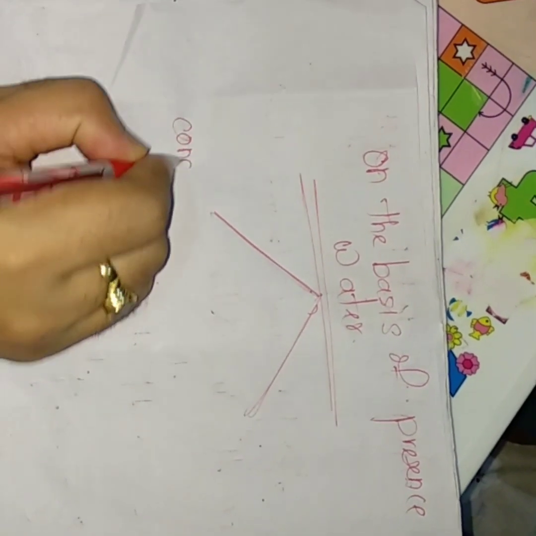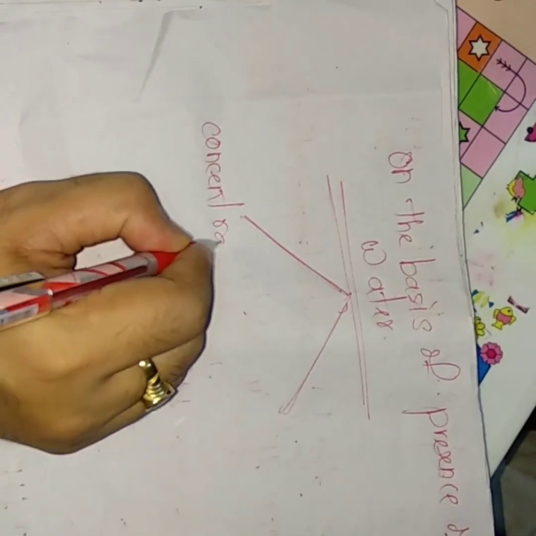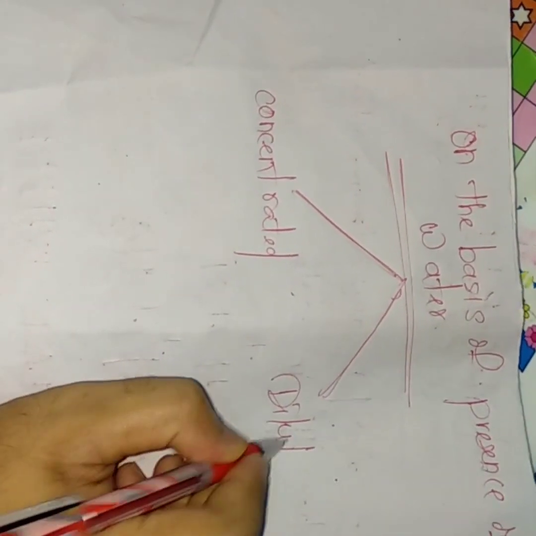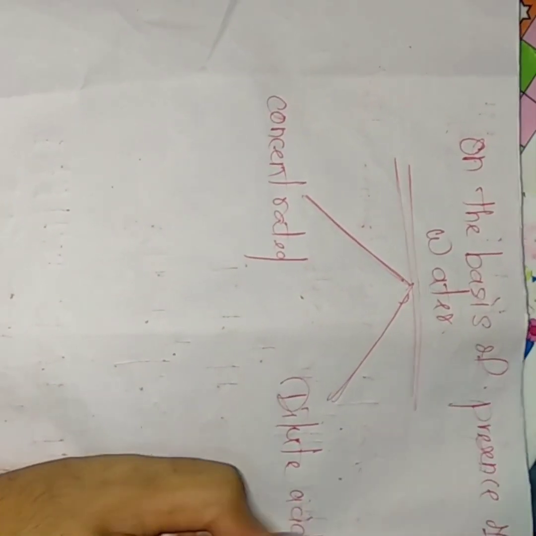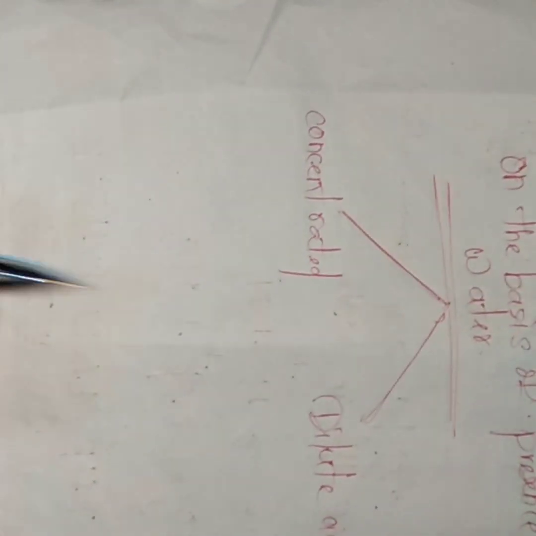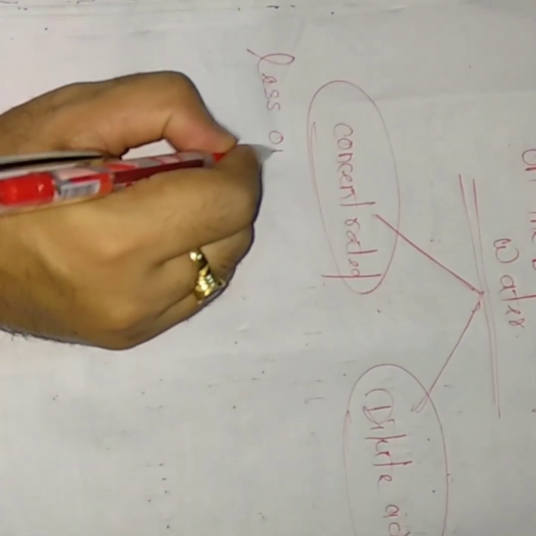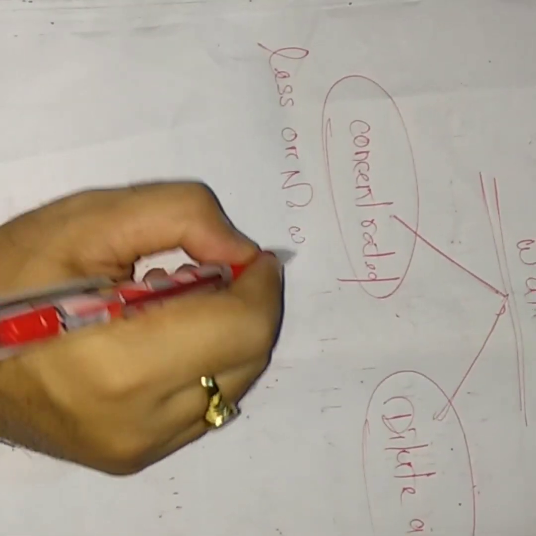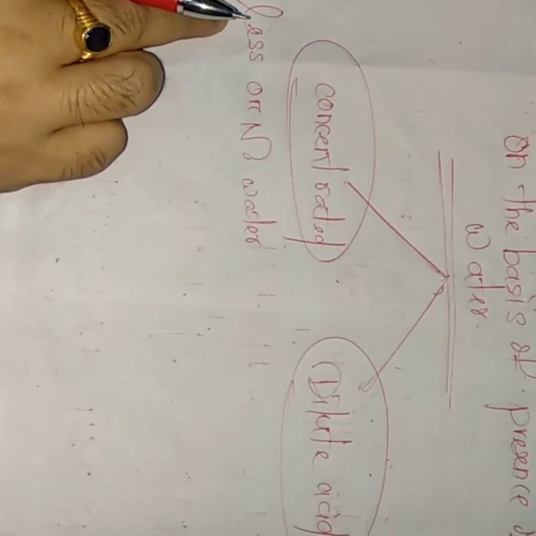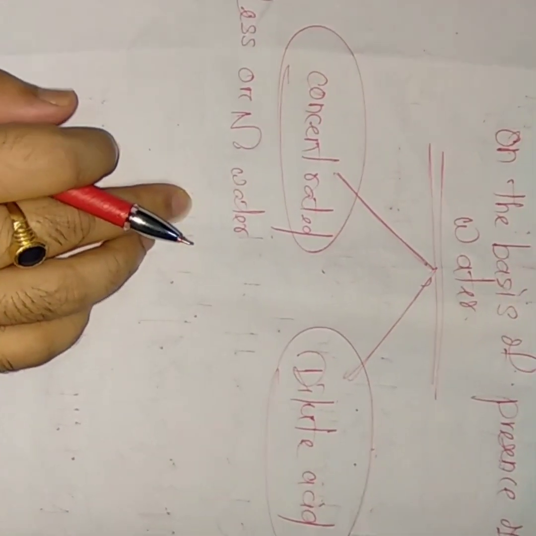One is your concentrated acid and the other one is your dilute acid. Concentrated acid is the acid that contains very little or no water.